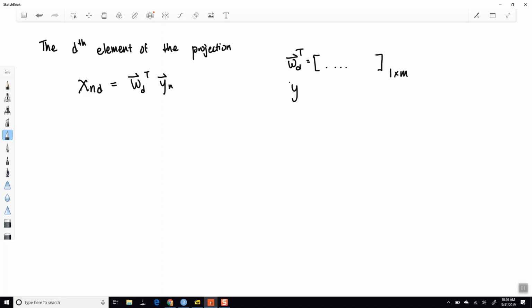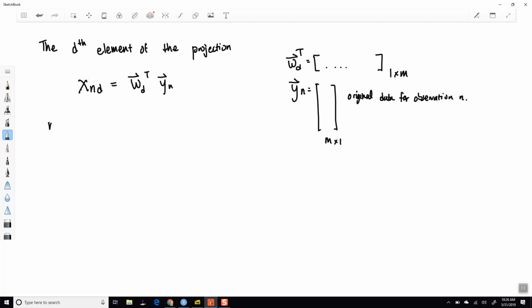And then y n is m by 1. This is your original data for observation n. Okay, and then when you do this projection, it's going to reduce this down to a single value. So we've taken the nth observation and turned it into one value.